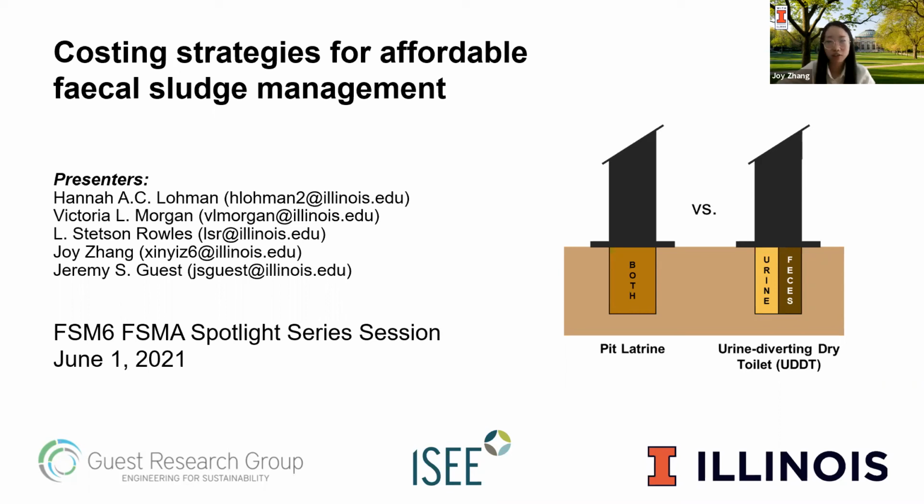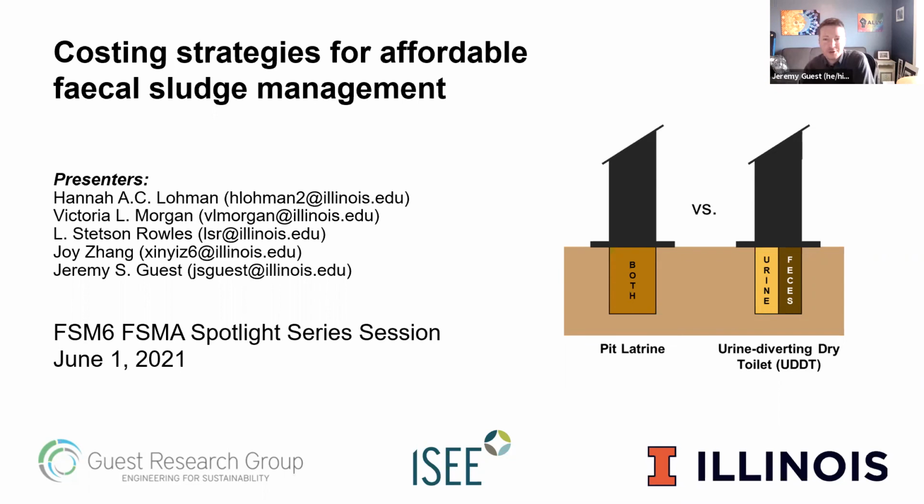And one of the parameters could be emptying period or volume, for example. And then the streams that come out of the pit latrine could have a varying content based on the values you assign to these parameters.